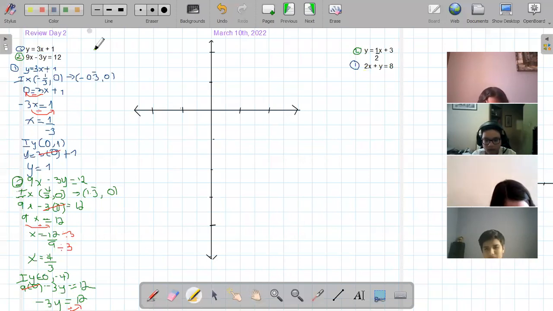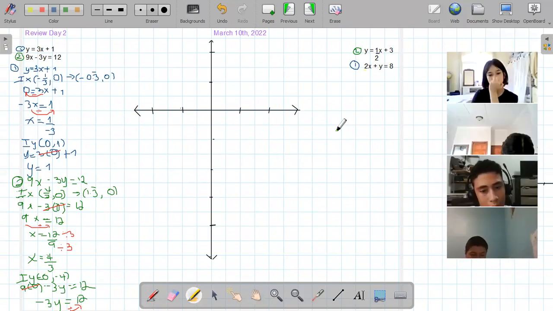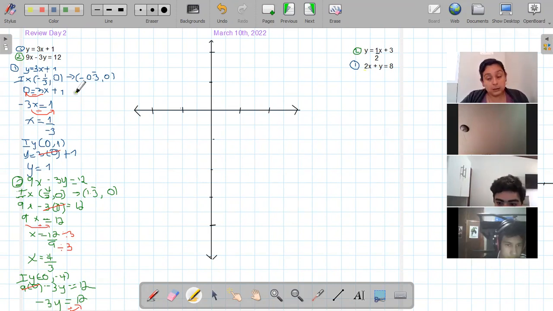I'm going to graph the blue one first. Negative 0.3, 0. Since they're decimals, I decided to use a scale of 2 squares per unit. Therefore, negative 0.3 is a little bit closer to the 0, but a little bit close to the half.